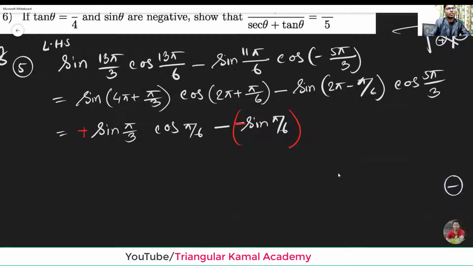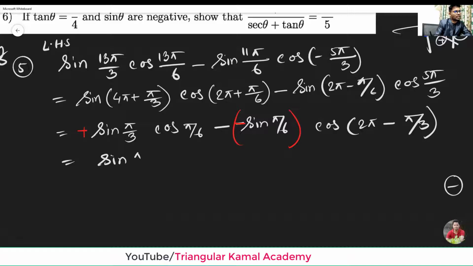Okay, do here. This is a 5, and 5 means 2 times minus 1. So now write cos 2 times minus 1 pi by 3. If we skip the positive sign in the first 3, this is cos pi by 6. Here minus minus is plus, so plus sine pi by 6.